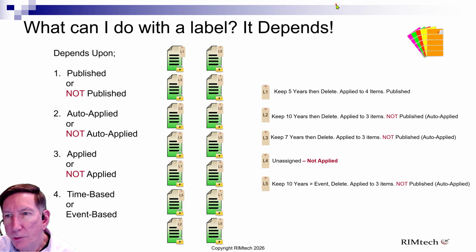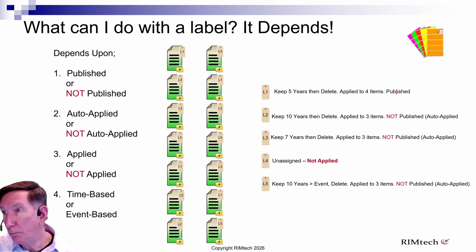Okay. So here I have 14 documents and 5 labels. Notice label 4 is unassigned. It hasn't been assigned to any of these documents. Label 1 says 5 years and delete, and it's applied to 4 items. And let's pretend for the moment it has been published.